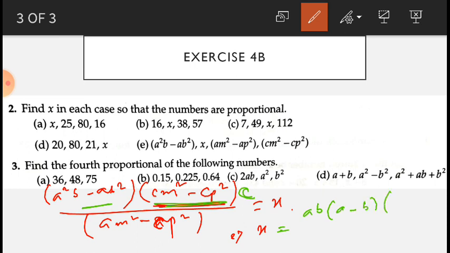Now here c common, so that means m square minus p square into c, divided by, here I take a common, that will be m square minus p square also.